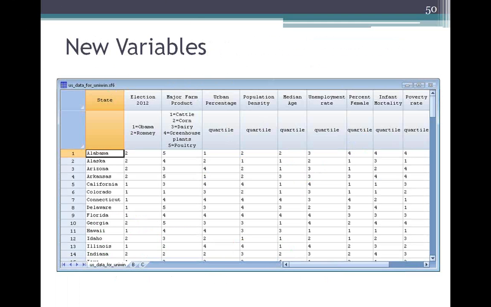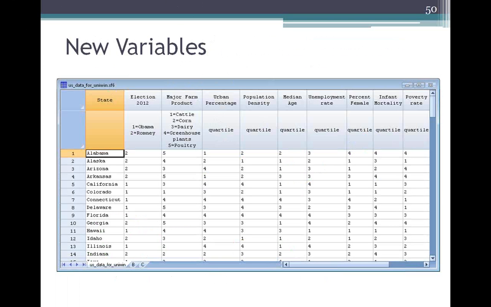What I mean is I took a particular column like urban percentage, and if the numeric value for a particular state was between the minimum and the lower quartile, that's the 25th percentile, I gave it a 1. If the state was between the 25th percentile and the 50th percentile, I assigned it a 2. If it was between the 50th and the 75th percentile, I assigned it a 3. If it was between the 75th and the maximum, I assigned it a 4.